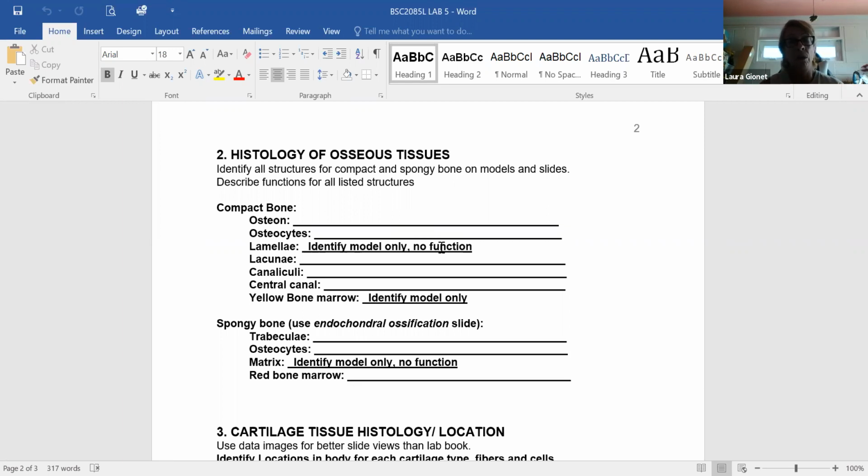And lamella is just another word for a ring. A lacuna is a cavity, an area that houses an osteocyte. Canaliculi are narrow passageways connecting lacunae to the central canal, and therefore it allows diffusion of material through them.